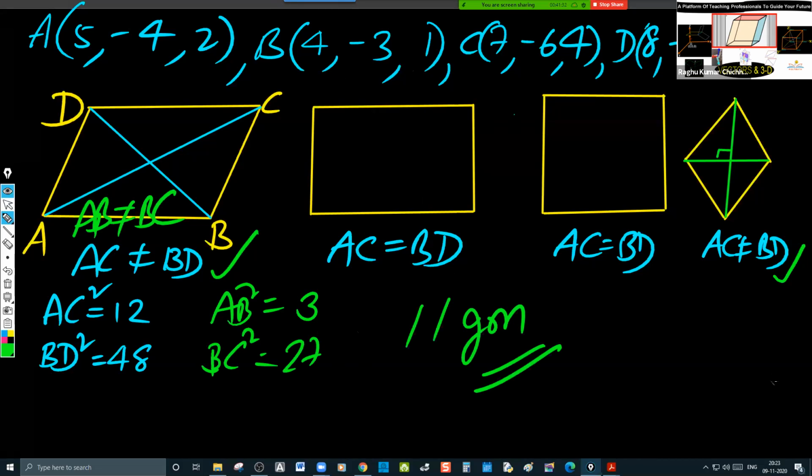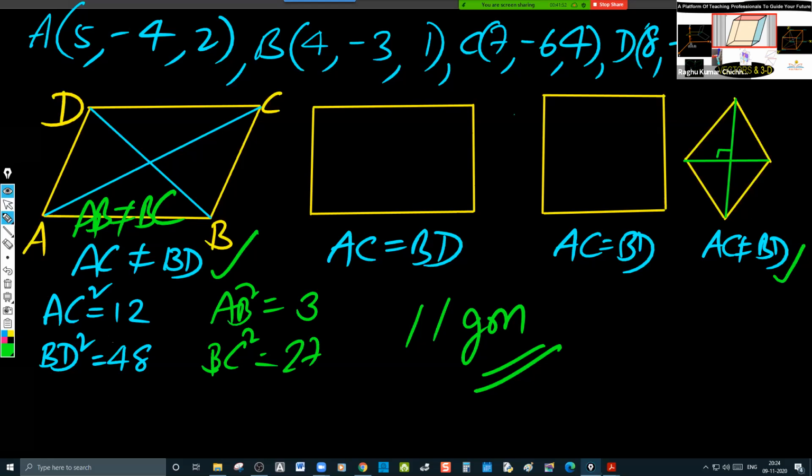I hope you understand what I'm doing. Whenever you are deciding the type of quadrilateral, first find the length of the diagonals. If the diagonals are equal, it should be either a rectangle or a square. But if they are unequal, then it should be either a parallelogram or a rhombus.